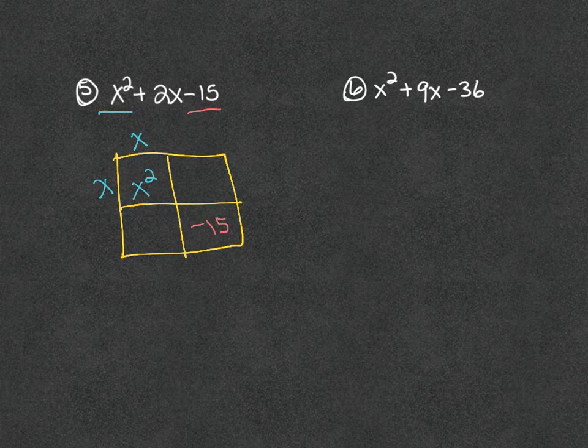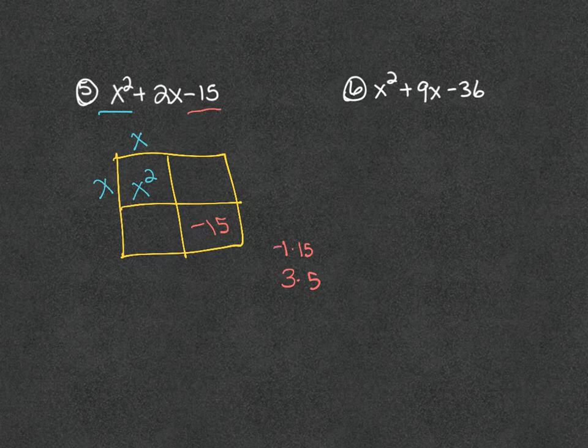So when I think about the factors of 15, 1 and 15, 3 and 5, if I think about multiplying those together to create a negative 15, what would have to happen is that one of these factors would have to be negative.